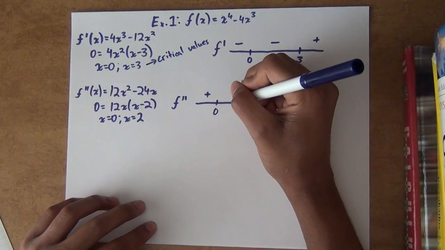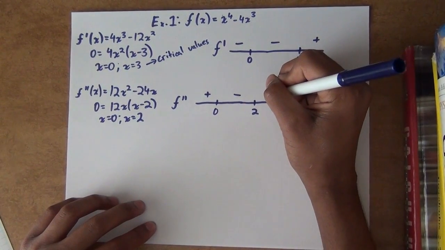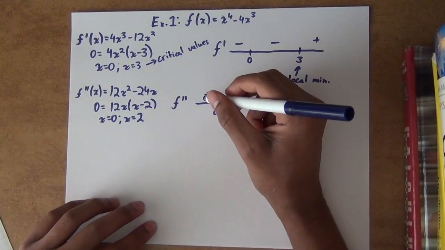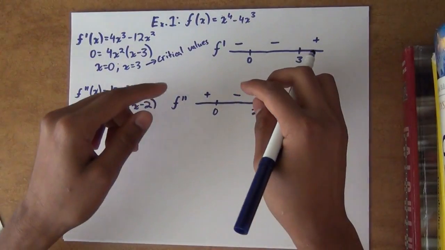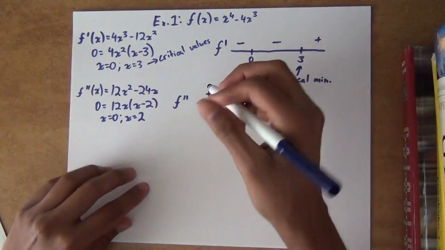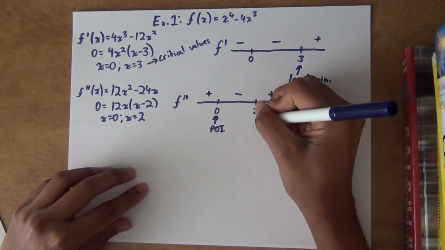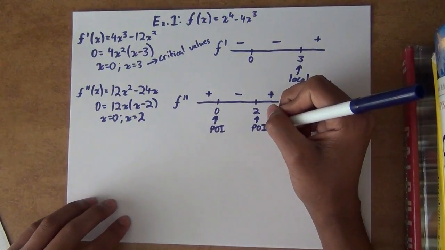When it's between 0 and 2, the second derivative is negative, and then positive when it's greater than 2. So we can see that the second derivative changed signs from before to after 0, and from before 2 to after 2. So there's a point of inflection at x equals 0 and a point of inflection at x equals 2.